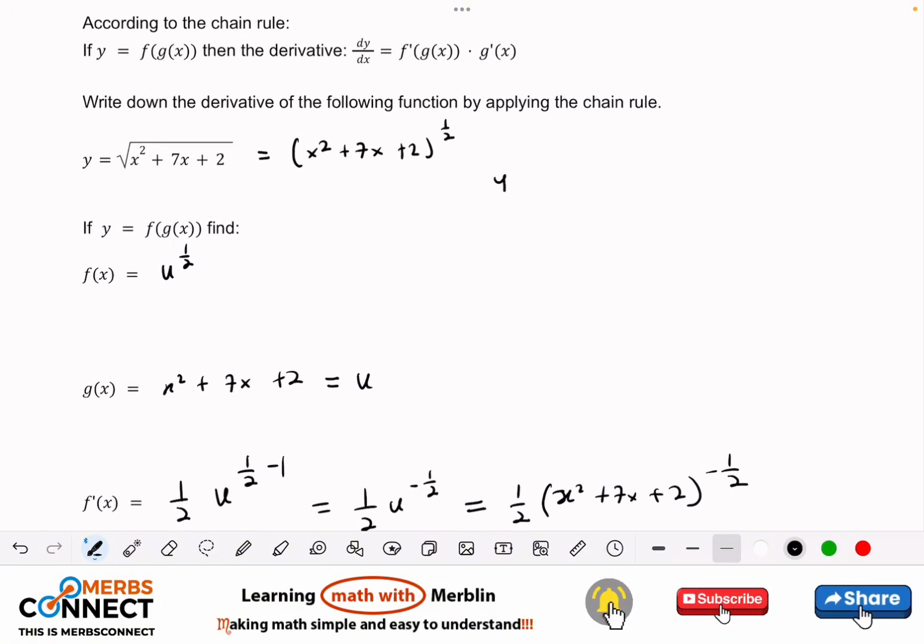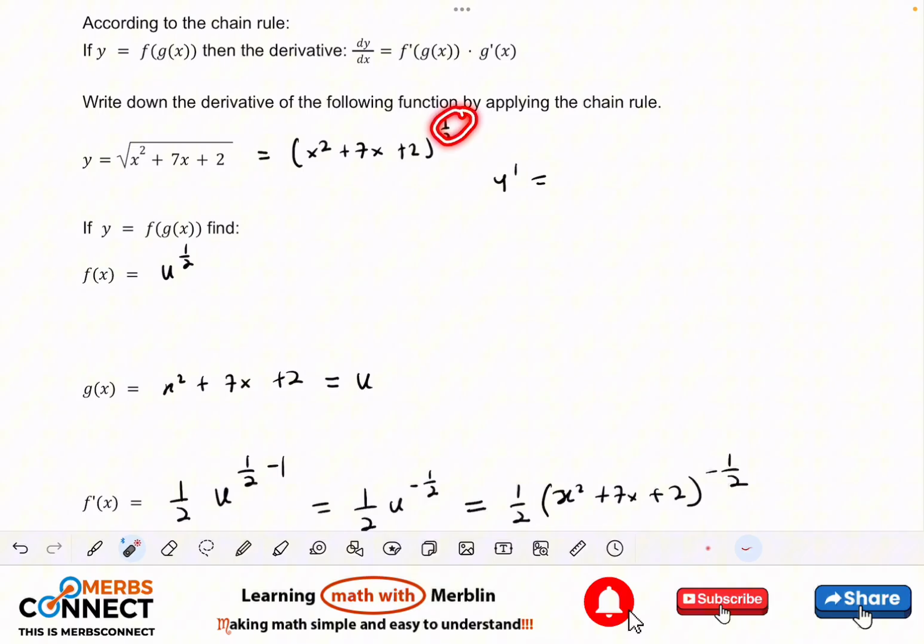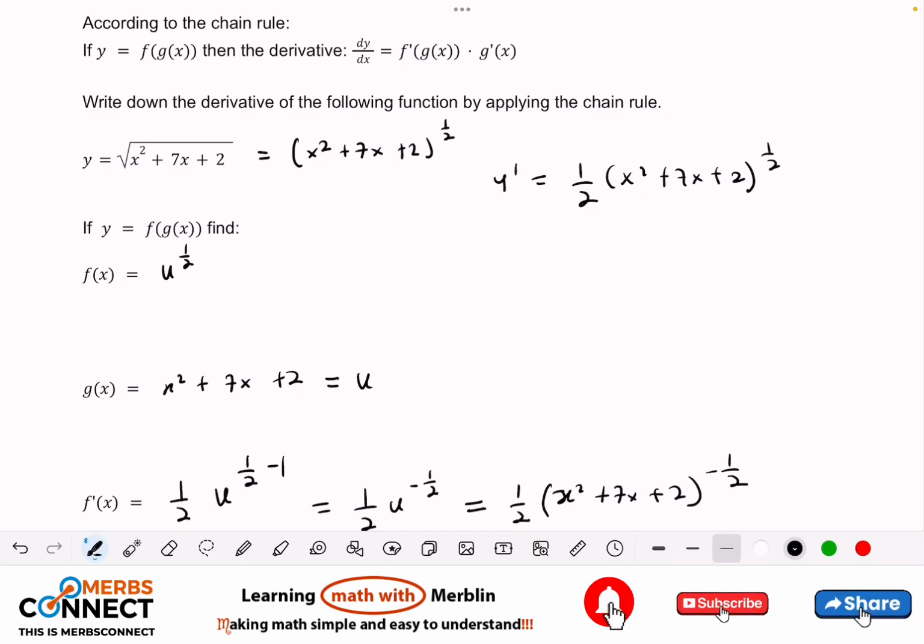So y prime will be equal to, as I said, this. If I have something like this and I want to differentiate, first we need to apply the power rule, right? So the power rule says that this drops down, 1/2, right? Then I maintain the whole function, which is going to be (x squared plus 7x plus 12) to the power half, but I'm going to subtract 1. So that's the power rule.